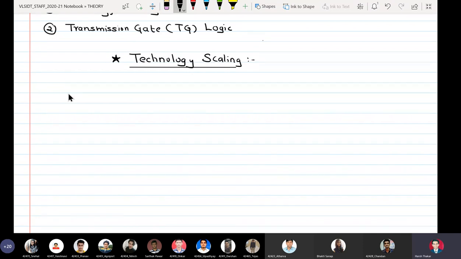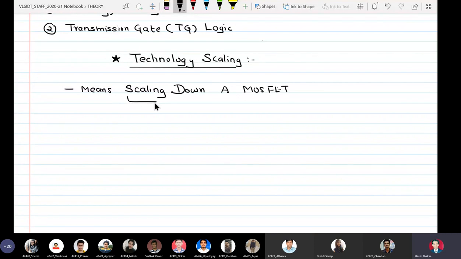So technology scaling basically means reducing the dimensions of a transistor. Okay, so it basically means scaling down a MOSFET.